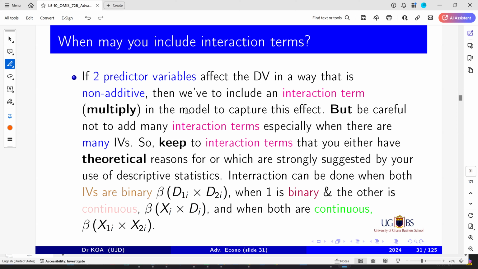What is the difference between interaction and multiplication of variables? Richard, I don't know if you are here. Could you explain to us the difference between them? Interaction terms and mediating variables.